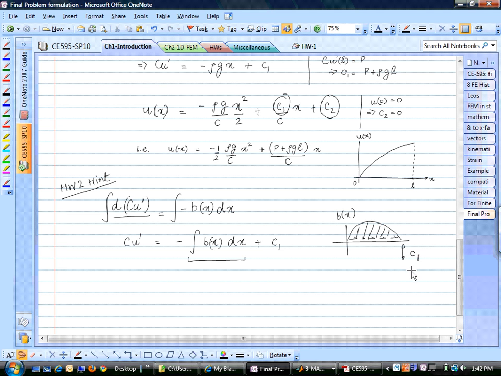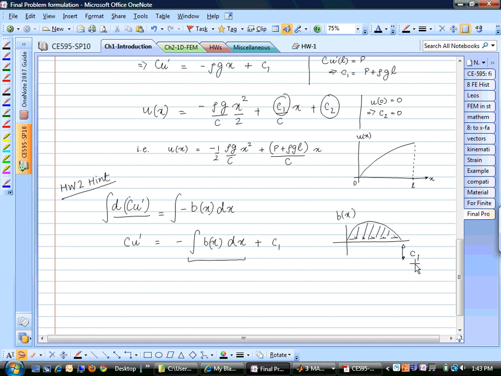So if you look at the template code that I gave you, essentially what I'm doing is trying to find the area under the curve of b, and then I'm going to reverse calculate c1, and that will give me the stress. Once you equate the stress at L to the given value, then you have found c1.